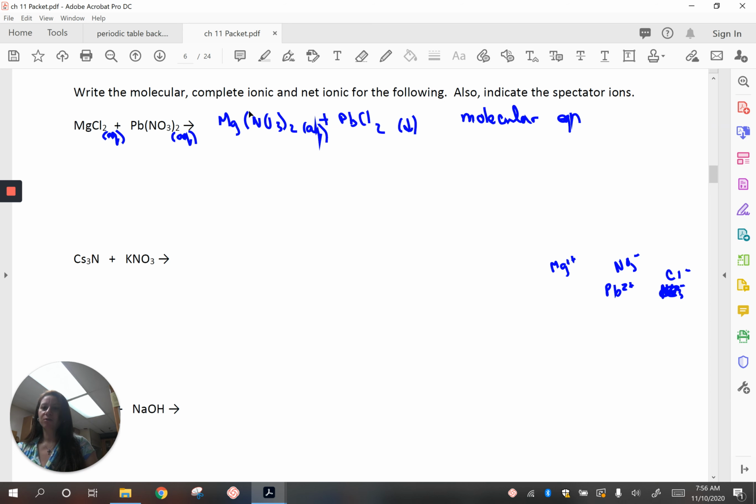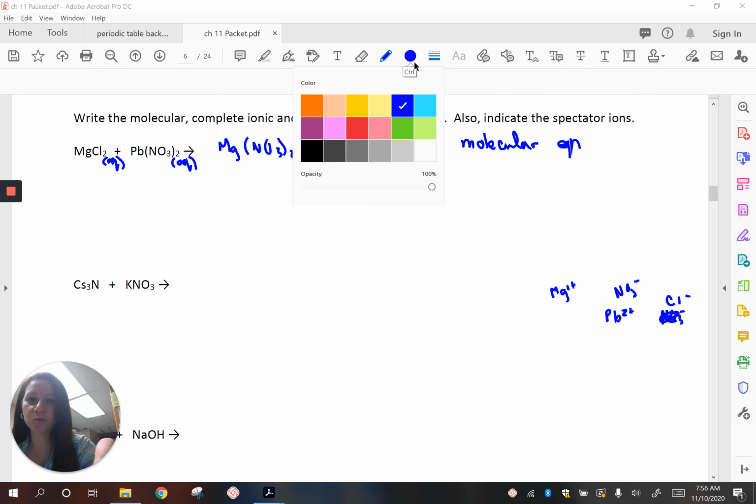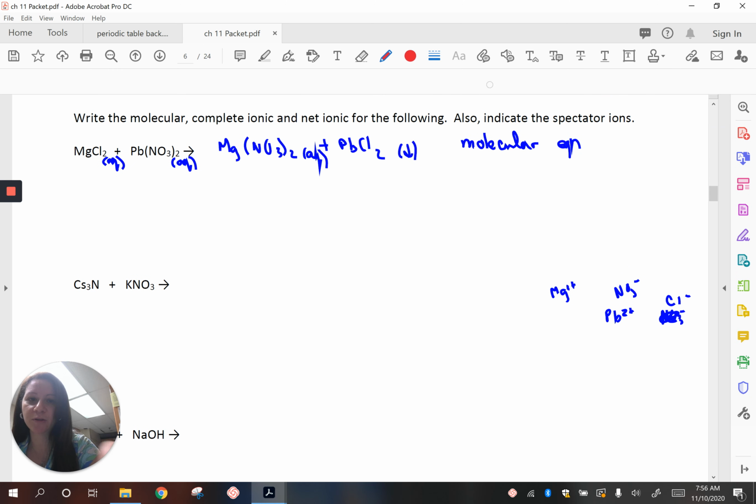So next we are going to write our complete ionic equation. For the complete ionic equation, basically what we're going to do is look at whether our substances are soluble or not. And if they're soluble, that means that they are in water, and ionic substances in water have their ions dissociate.